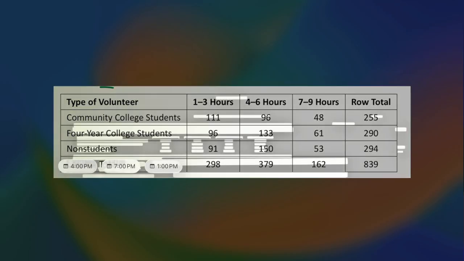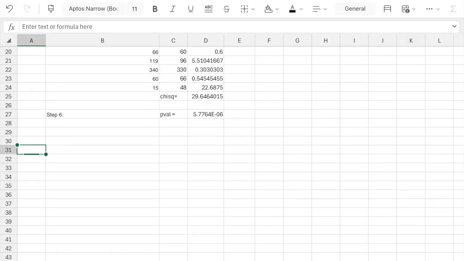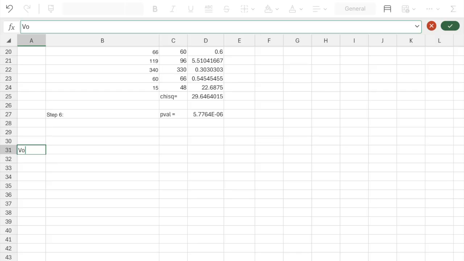Command C. Okay, come down here. This is volunteers.